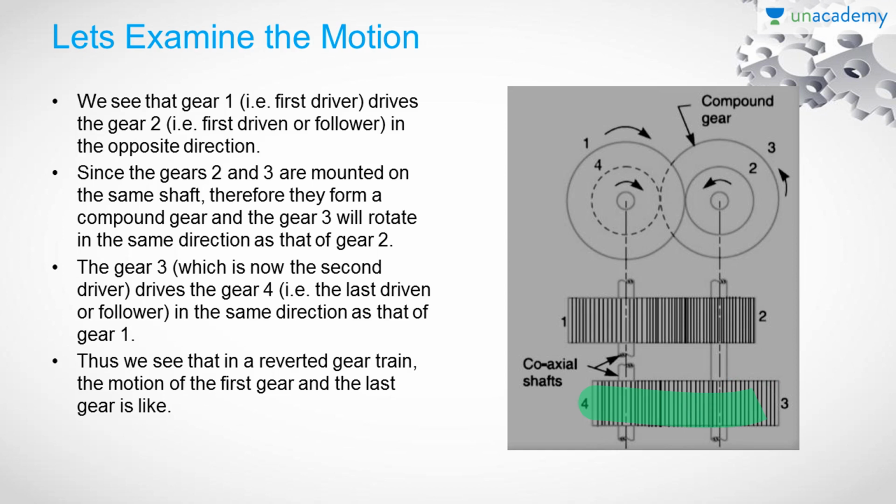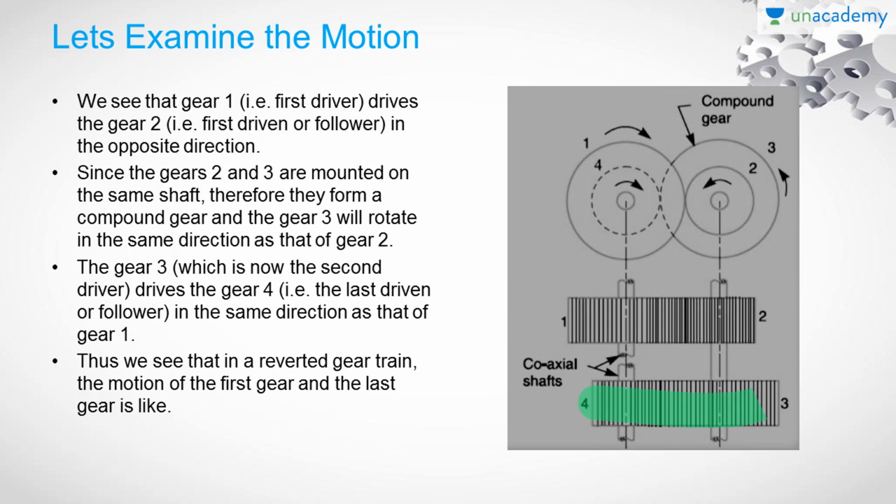Here below we have the mating gears, gear 3 and gear 4, so the direction of angular velocity of gear 3 and gear 4 will be in the opposite sense. Thus we see that in a reverted gear train, the direction of motion of the first gear and the direction of motion of the fourth gear, which is the last driven gear, is the same. So this is the mechanism of the reverted gear train system.